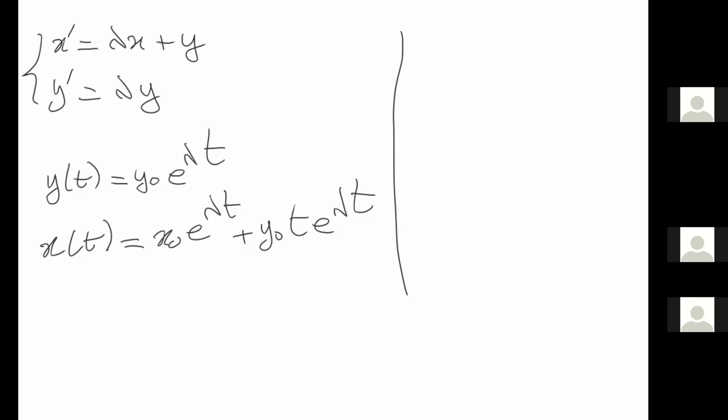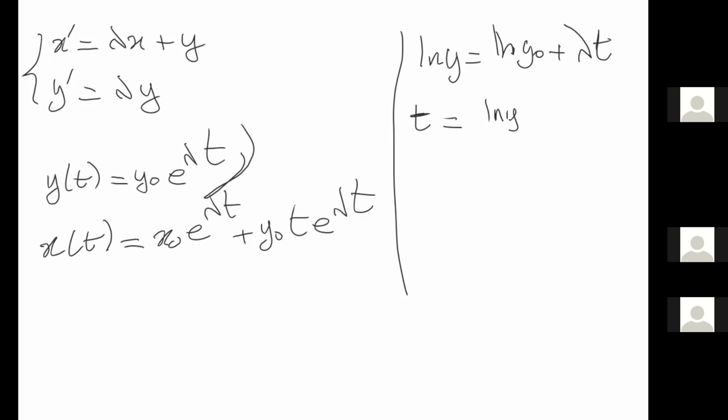So I can compute t here, right? Because I will get log of y equals log of y node plus lambda t. This gives t equals log of y minus log of y node, divided by lambda.